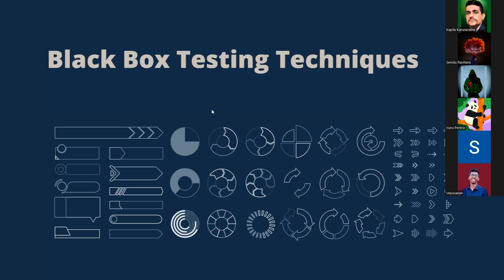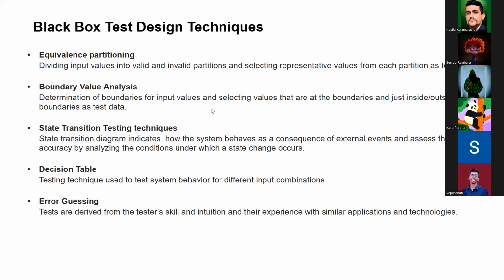When it comes to black box testing, we will use design techniques. There are many design techniques, but there are basically five we always need to use to derive test cases. If you use design techniques, you can have the minimum number of test cases and avoid repeating multiple test cases.